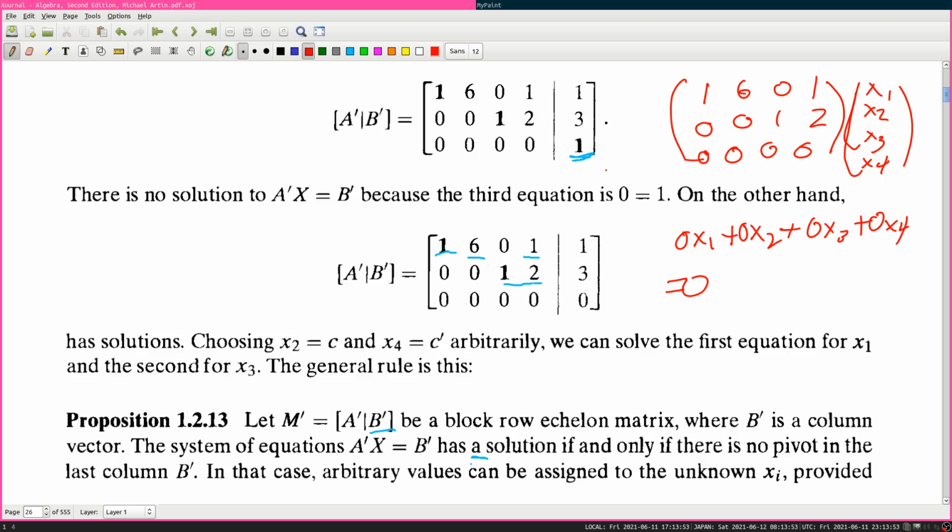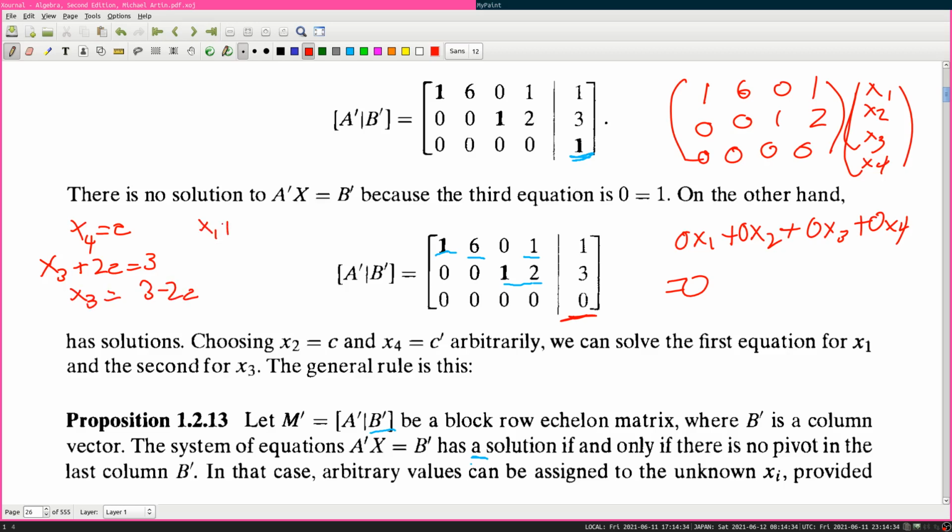On the other hand, if you have a 0 here, this has solutions. Let me just try to solve this myself. If x4 is equal to c, then x3 plus 2c is equal to 3, so x3 is equal to 3 minus 2c.